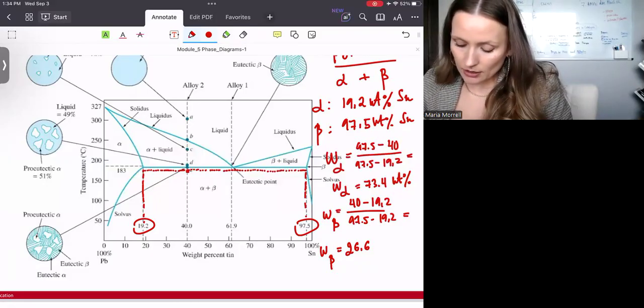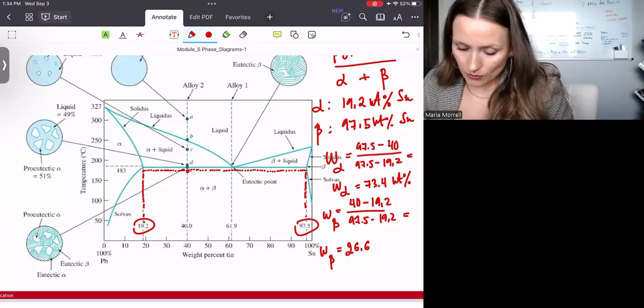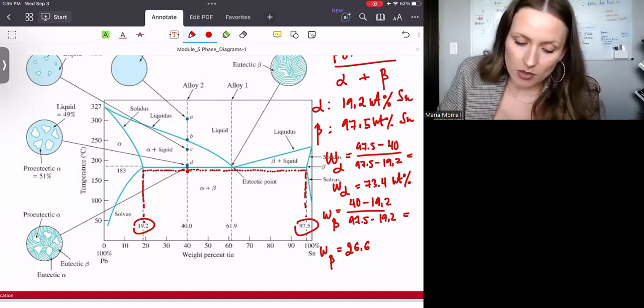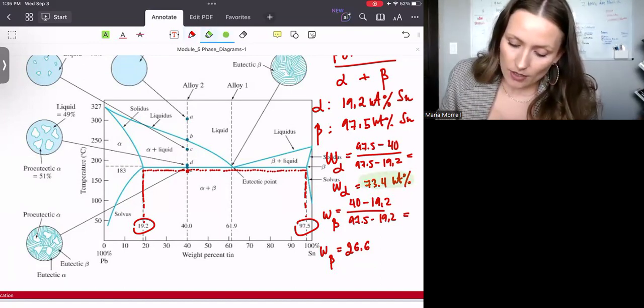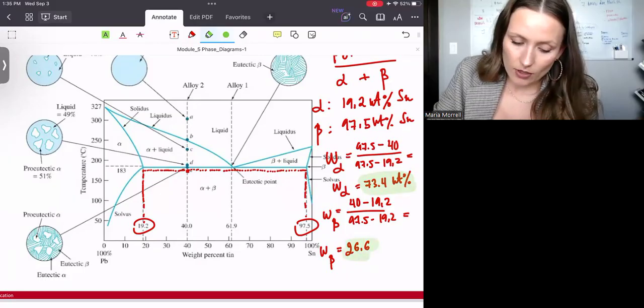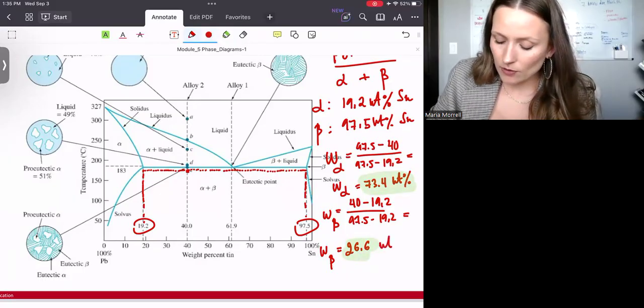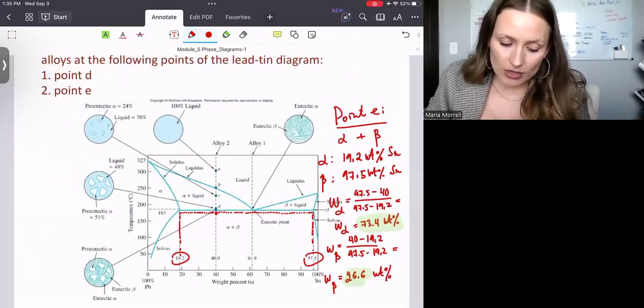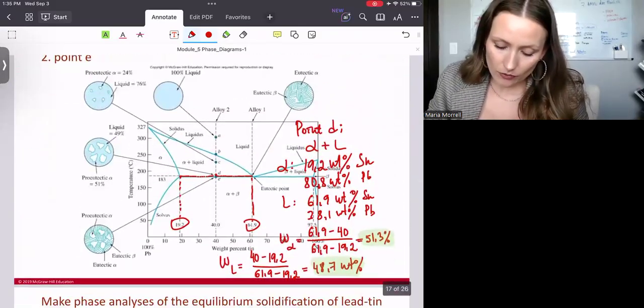Okay, so now let's plug that into our calculator. 40 minus 19.2 divided by 97.5 minus 19.2. Okay, and the answer indeed is 26.6, meaning that this looks right. So this is weight percent. This is the fraction of each of the phases. So let me double check before I move on further.